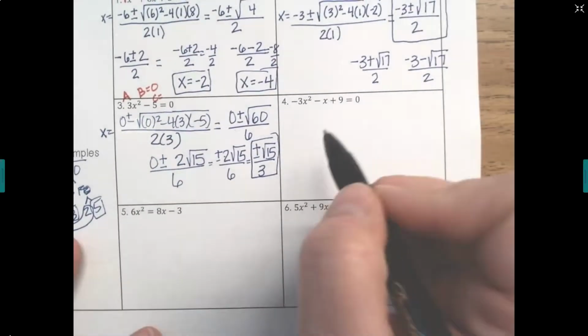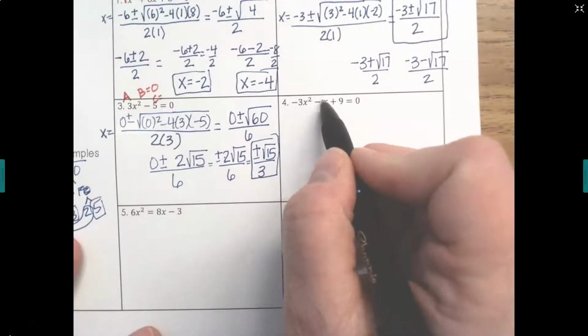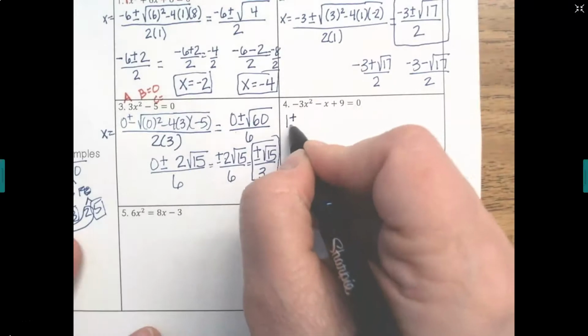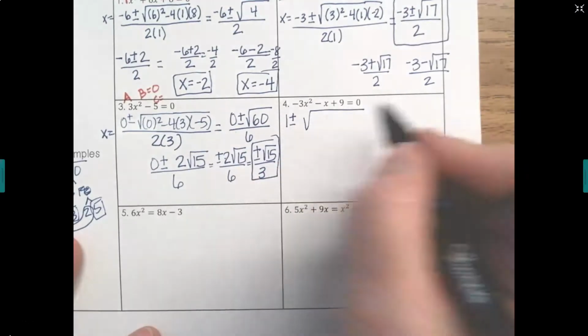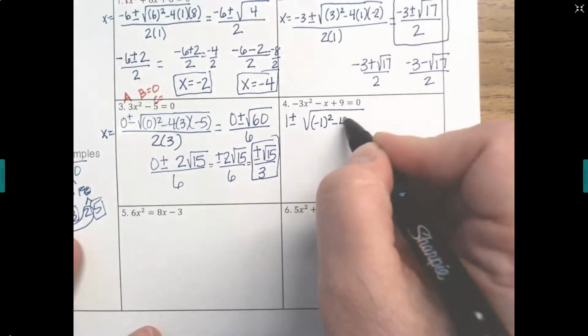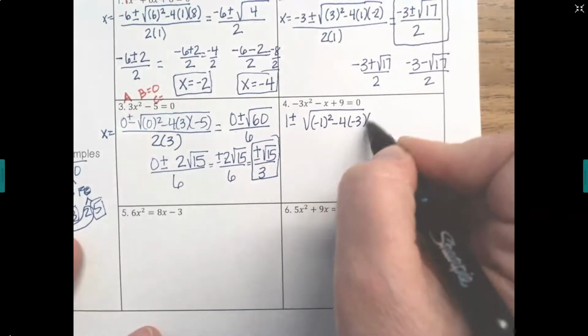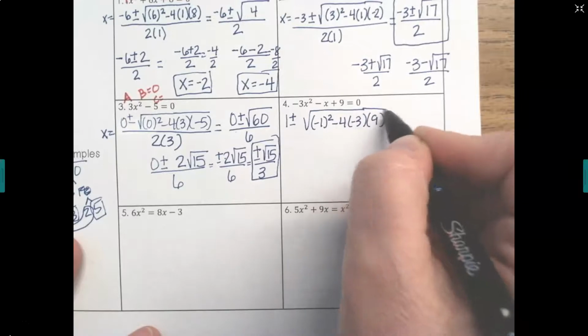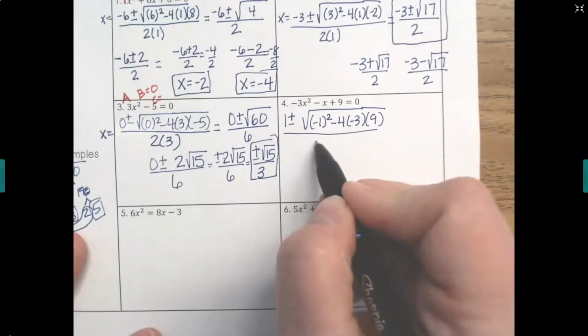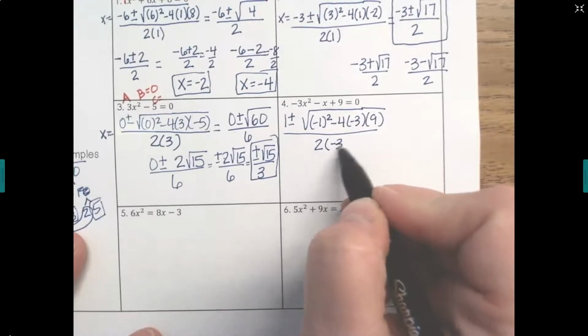All right, let's try number 4. So we have negative b. So b is -1, so I'm going to put a positive 1 there. Plus or minus the square root of b squared minus 4 times a times c, all divided by 2 times a.